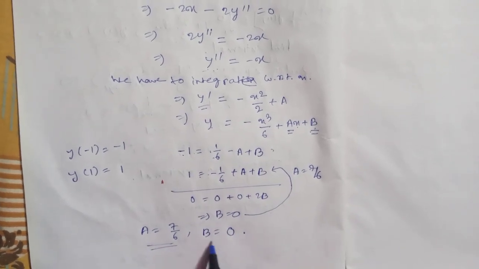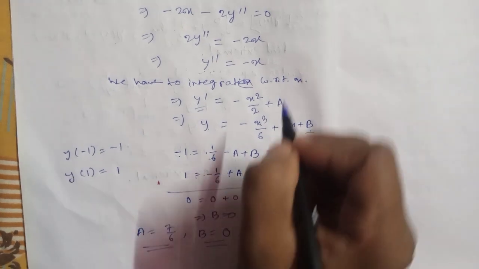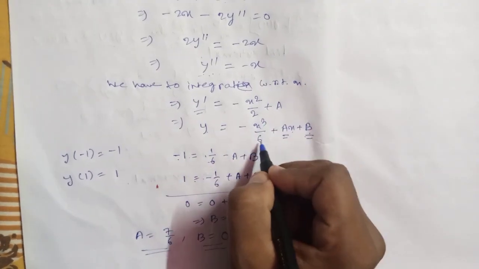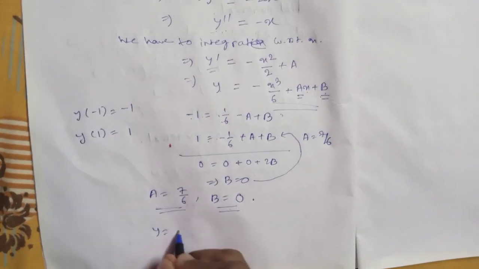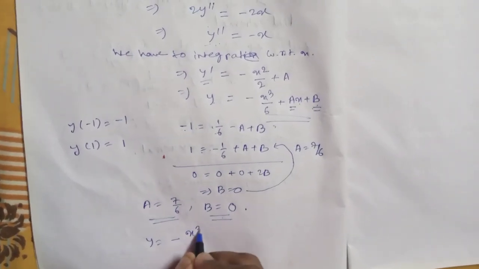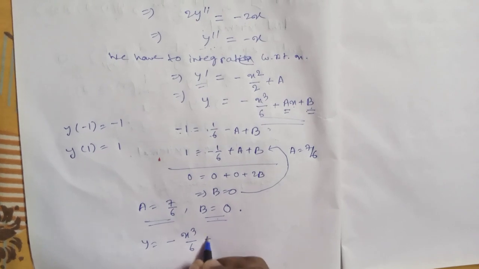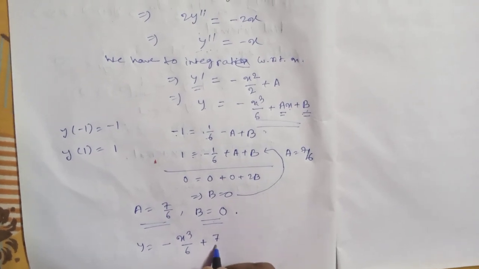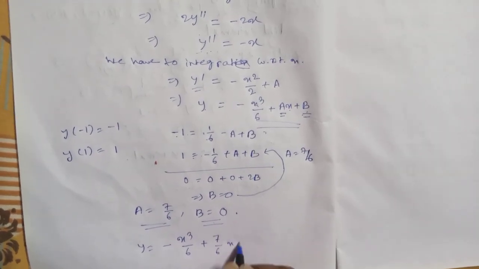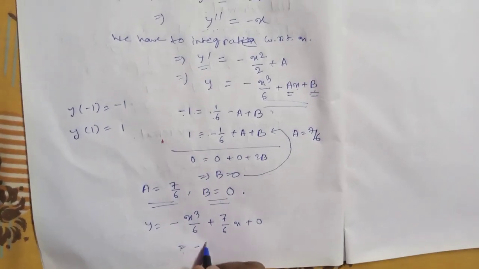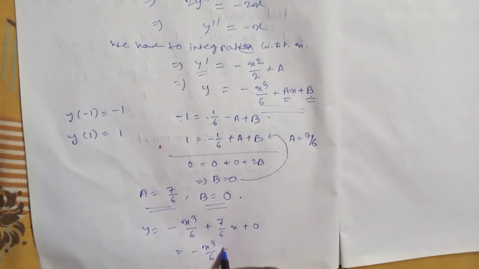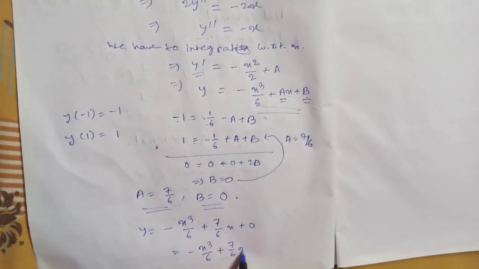Now replace these two values here, then we will get y equal to minus x cube by 6 plus 7 by 6 x plus 0, that is minus x cube by 6 plus 7 by 6 x. Now check the options.